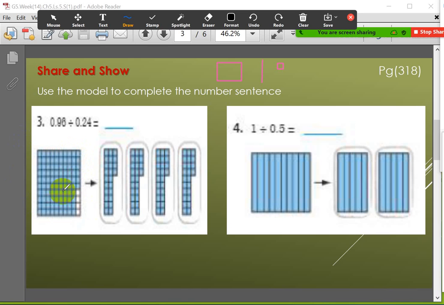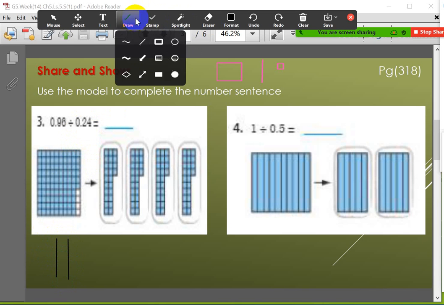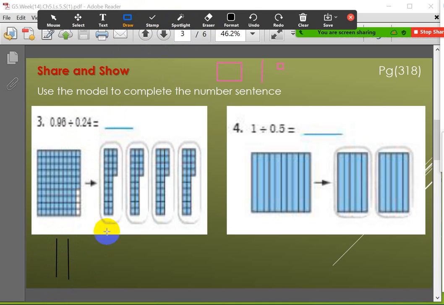What about the divisor? I have to draw the divisor here. The divisor is 0.24, 2 in the 10th digit. 24 small cubes, but you can see that you have to count 2 longs and 4 small cubes.